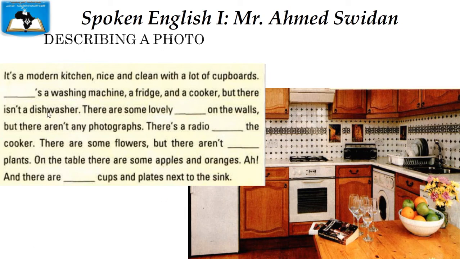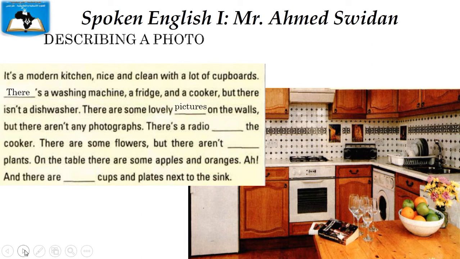Tape script 26. It's a modern kitchen, nice and clean, with a lot of cupboards. There's a washing machine, a fridge, and a cooker, but there isn't a dishwasher. There are some lovely pictures on the walls, but there aren't any photographs.